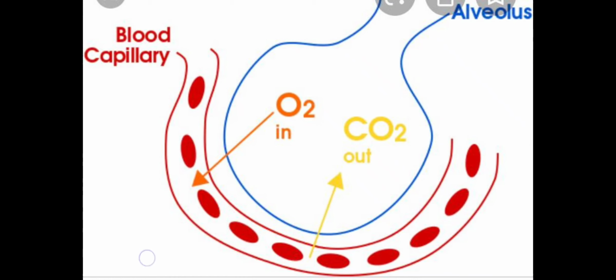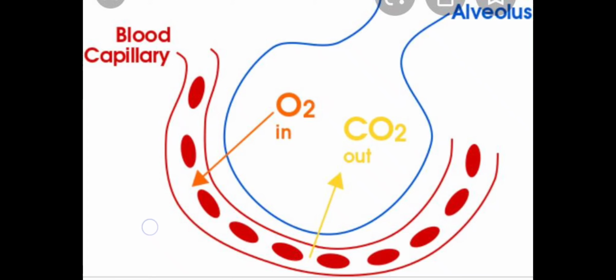Now let us see the mechanism of respiration. When we define respiration, respiration means oxidation of food to release energy. Here the gaseous exchange occurs through alveoli. You can see the alveoli and the blood capillary shown with a lot of RBCs. When you breathe in, the oxygen gets into the lungs and finally it reaches the alveoli.